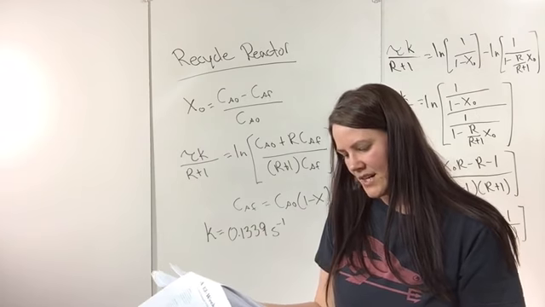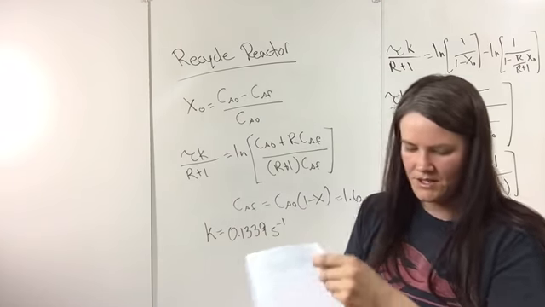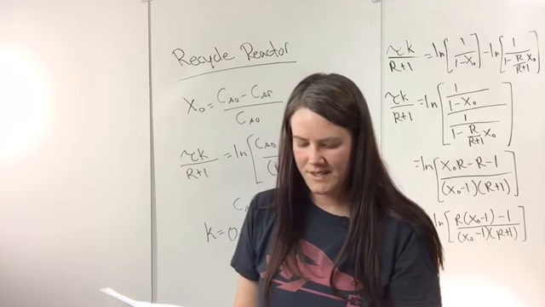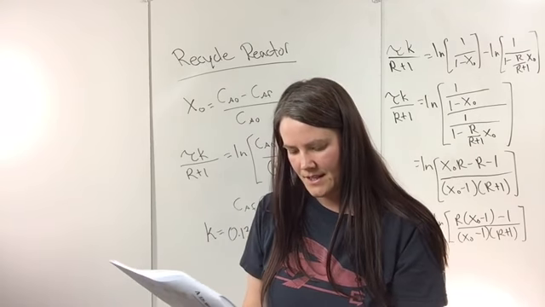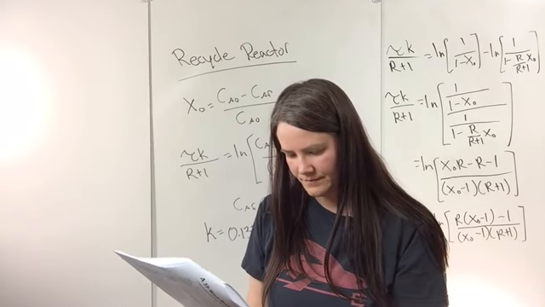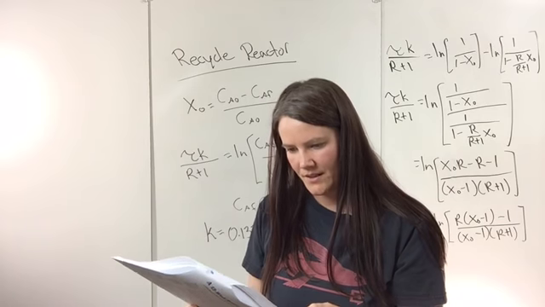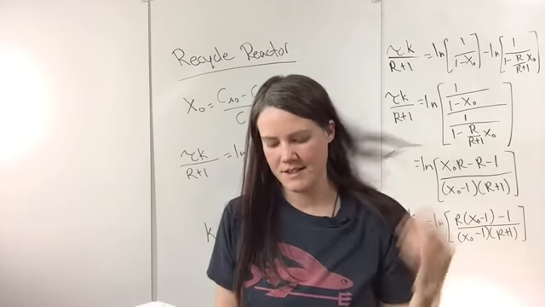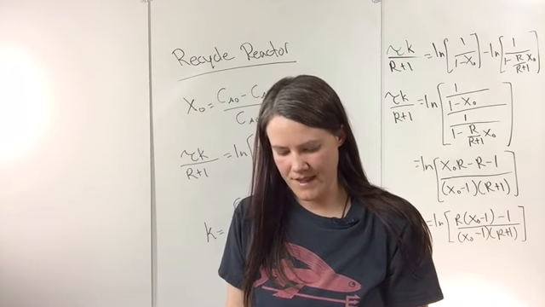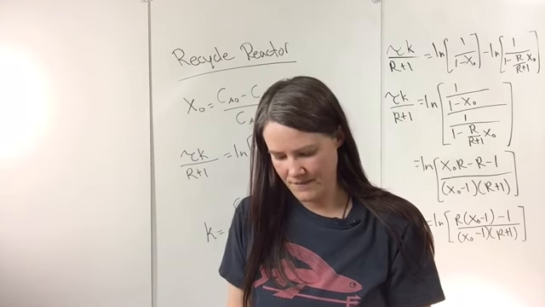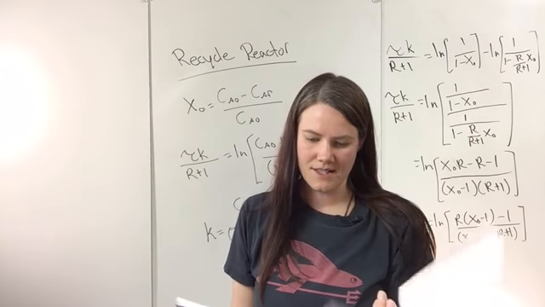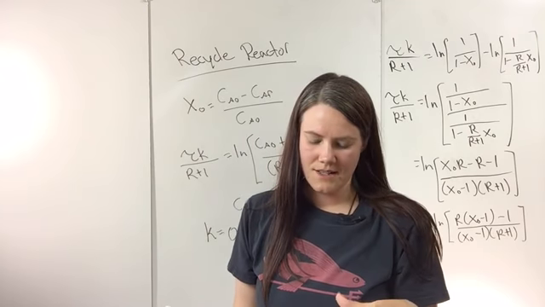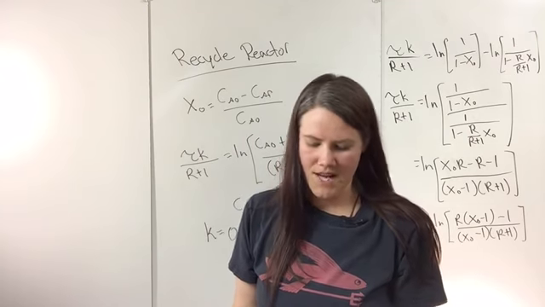You would go through the mole balance for a CSTR and plug in the rate law, which you already calculated, and stoichiometry, and then you solve for x, and that will be your x in for the PFR.